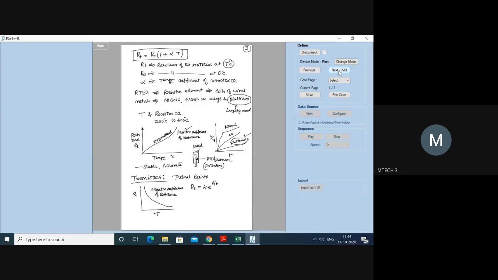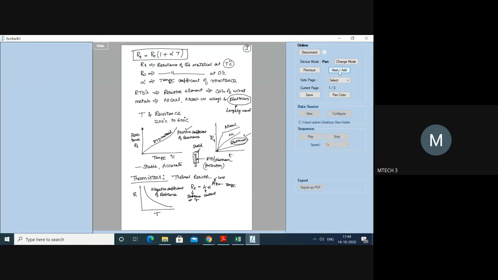RT is the resistance at temperature T, K is the constant, and this beta is also a constant, and T is the temperature. The temperature T and the resistance RT are inversely proportional.